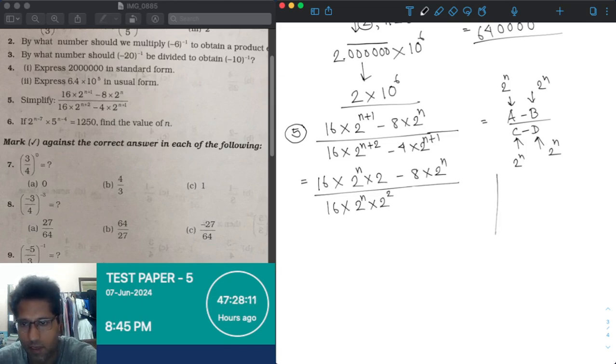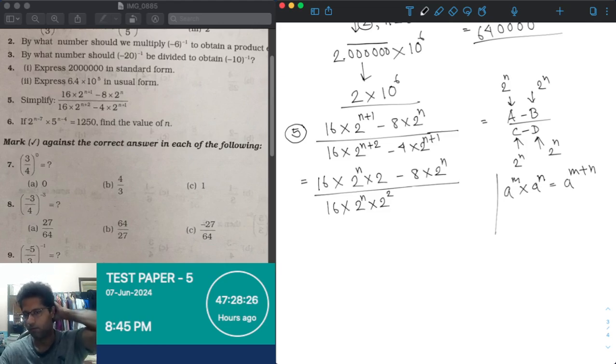We know that a to the power m multiplied by a to the power n is a to the power m plus n, and if we have a number in the form a to the power m plus n, we can always break it down to a to the power m multiplied by a to the power n.